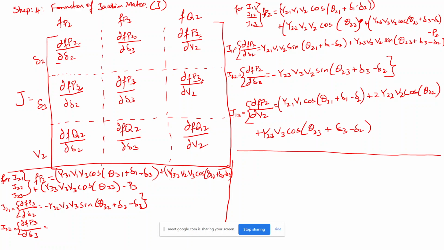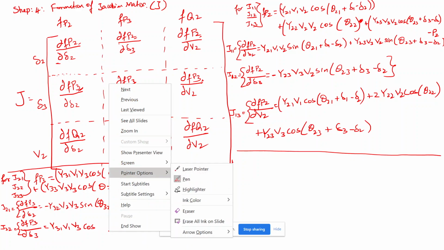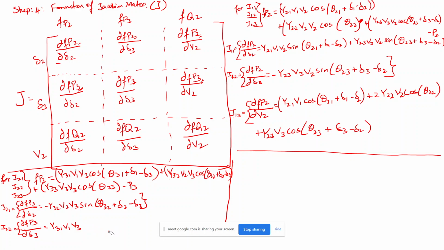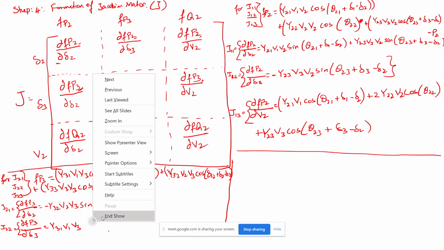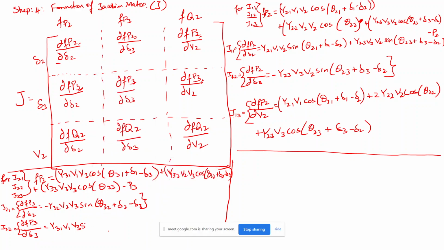If you can see, this delta 3 has minus here, so I will get plus Y31 V1 V3 sine, since on differentiating cos it becomes sine, theta 31 plus del 1 minus del 3, and then here also delta 3 is there, again it is minus, so I will get plus Y32 V2 V3 sine theta 32 plus del 2 minus del 3. I will get this.